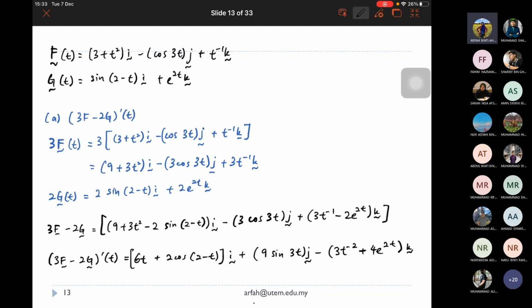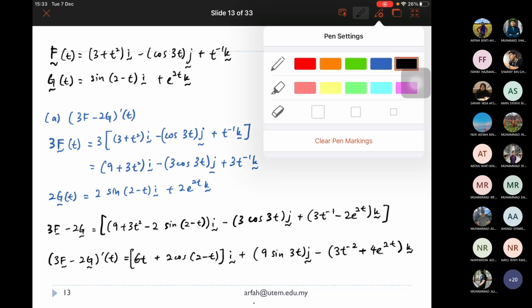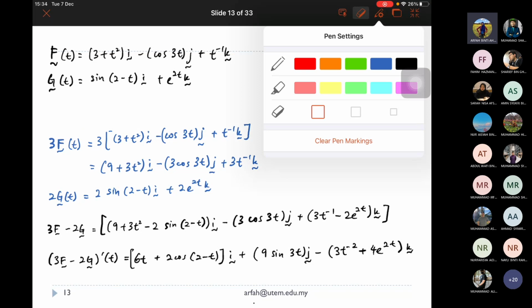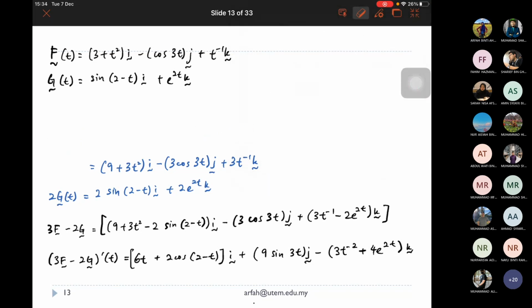So those who have finished, cuba buat soalan yang kedua. F dot G prime. Soalan B adalah F dot G prime.